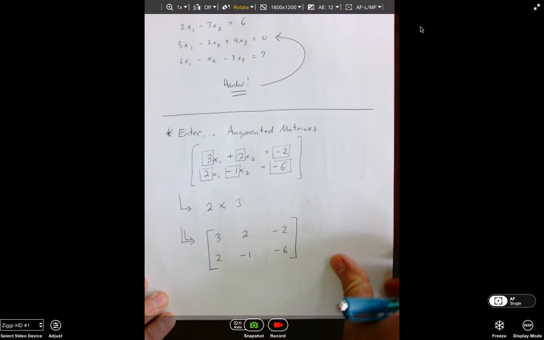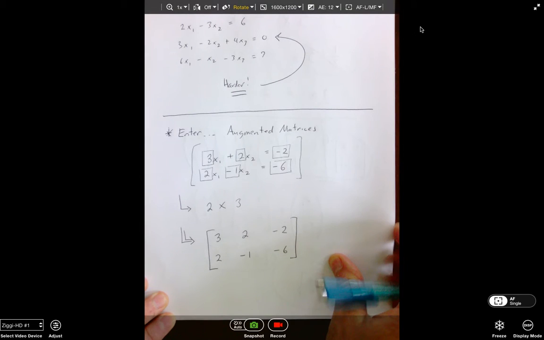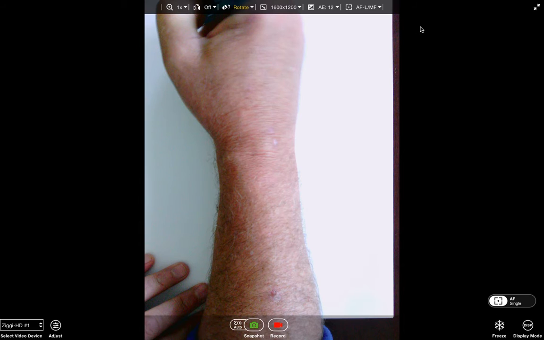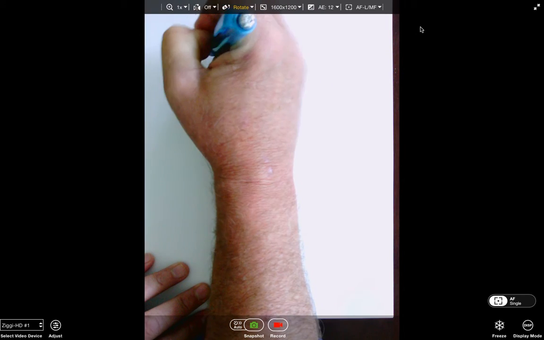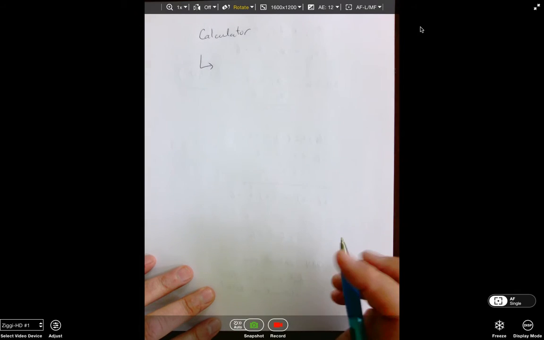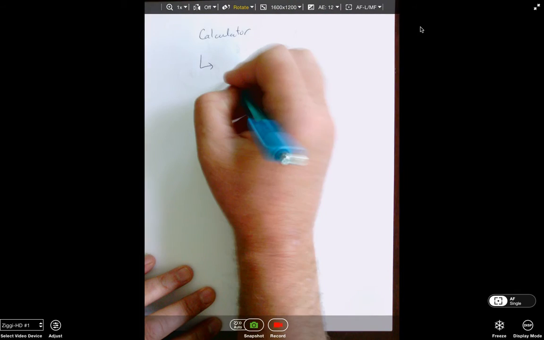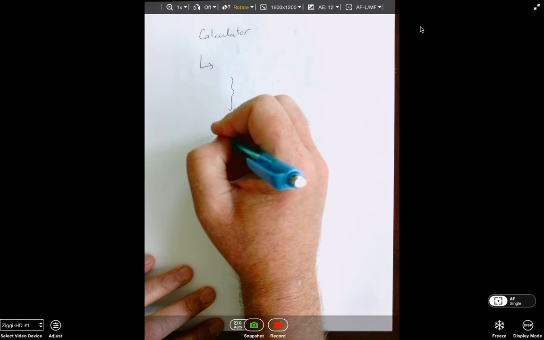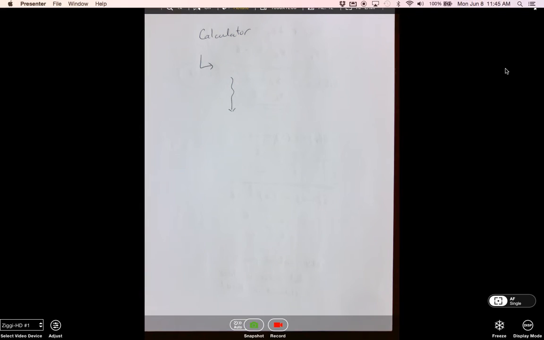Now the simple way of solving using the augmented matrix is graphing calculator. So what we're going to want to do is go into the calculator, do some stuff that I'm going to teach you, and ultimately we're going to come out with a solution that I'll explain to you what it means, okay?